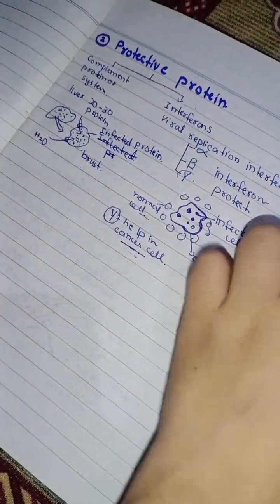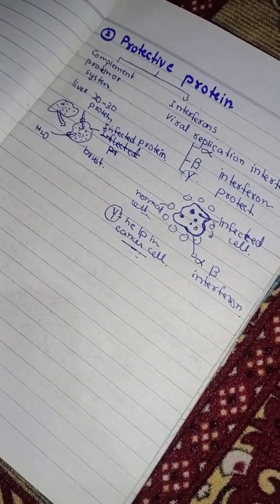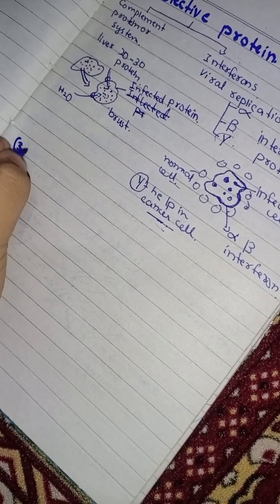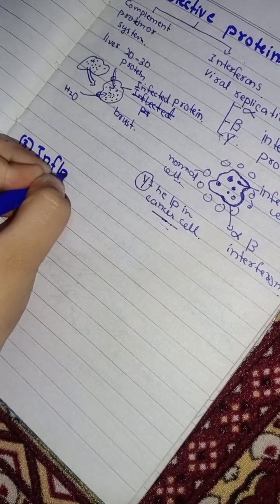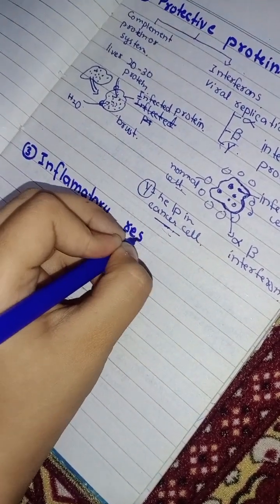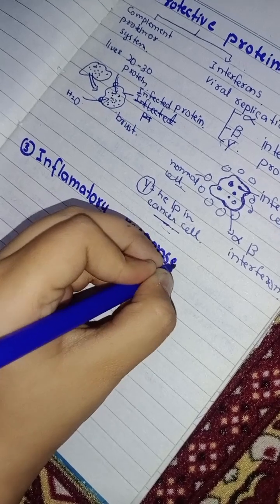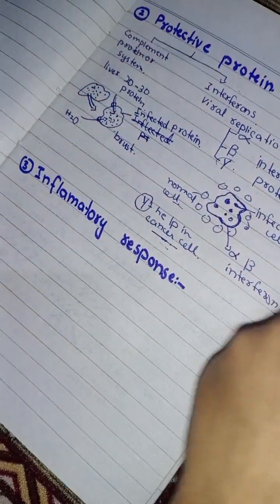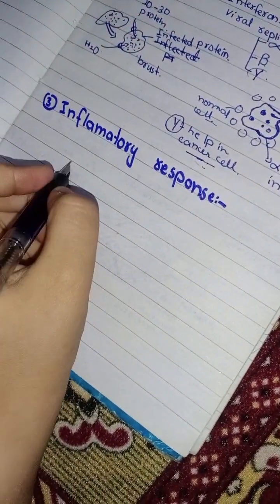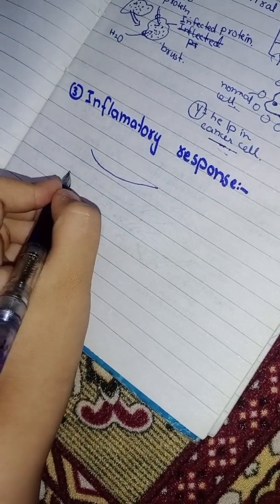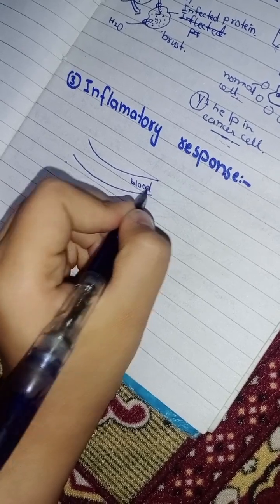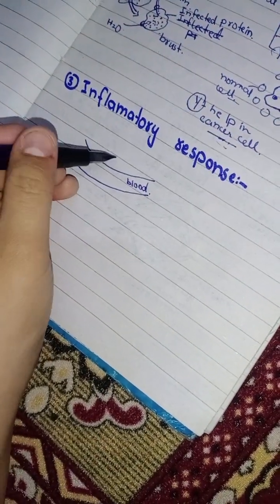Now let's move towards the third part, the inflammatory response. So what happens here? First of all, this is the blood, and here we have tissues.